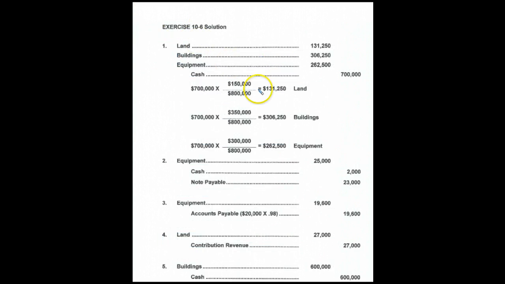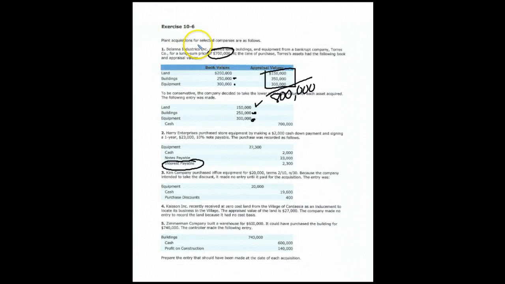So the correct entry would be not to include the interest payable, because we're going to expense the interest after we have purchased it. And again, this is not constructing this equipment, so we do not capitalize interest in this case. We're just buying the equipment and starting to use it. Interest costs after we start using the equipment get recorded as expenses. Okay, so we just record the cash and the note payable and plug the two to equipment.